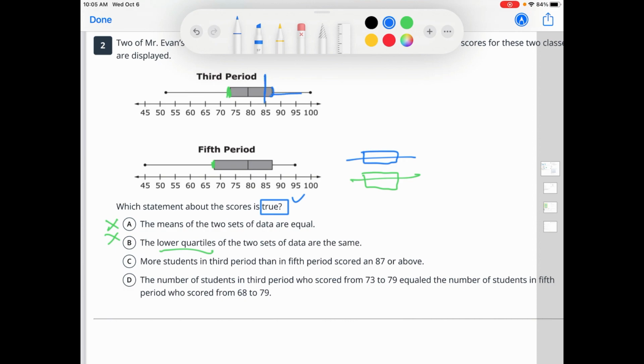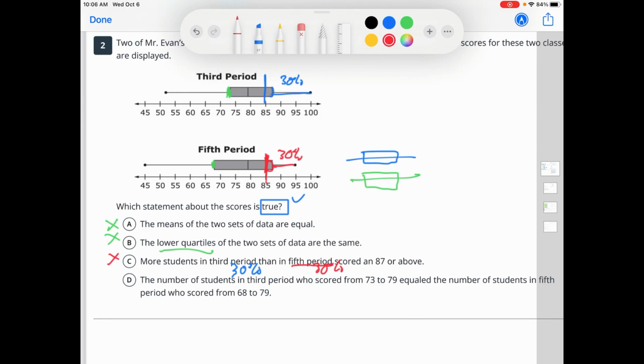I know that this is 25% of my data, so this might represent like 30%. And then 5th period at 87, that also looks like 25% and then a little bit more. So let's just say that's like 30%. So I think those are pretty much the same.